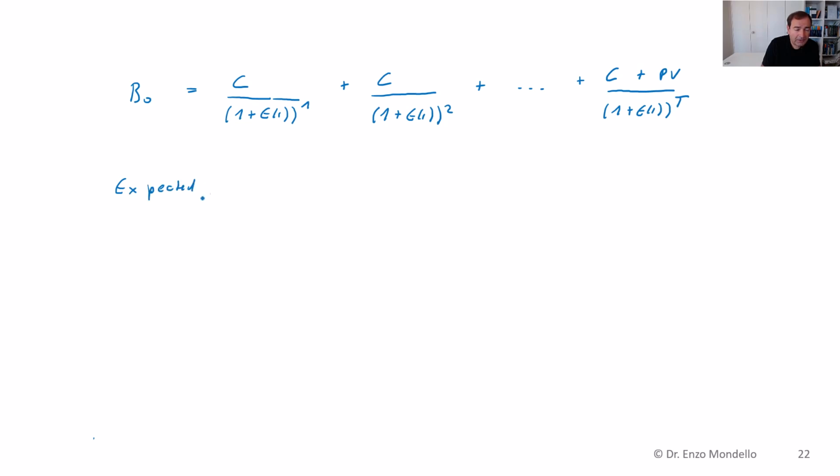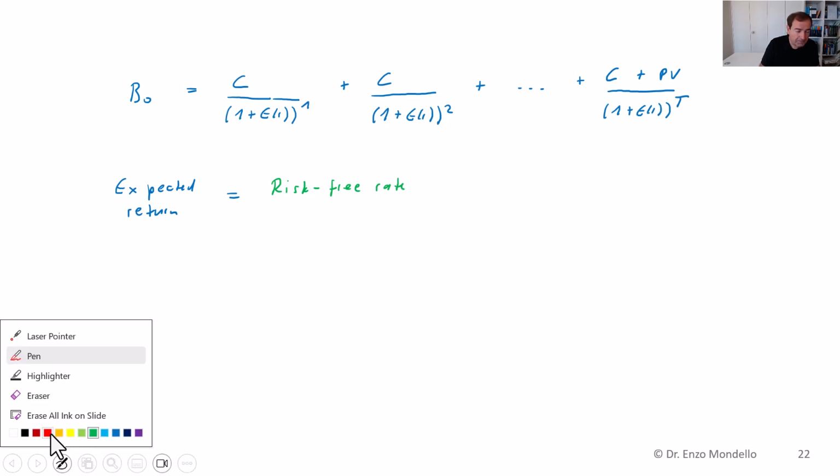To calculate the expected return, we take the risk-free rate and we add to the risk-free rate a risk premium.